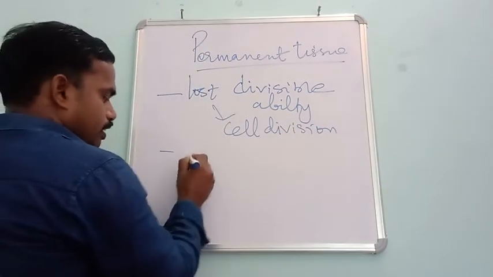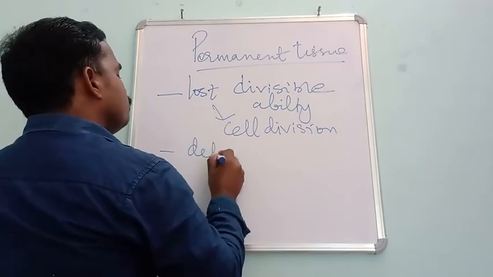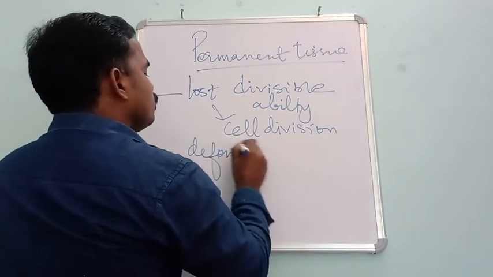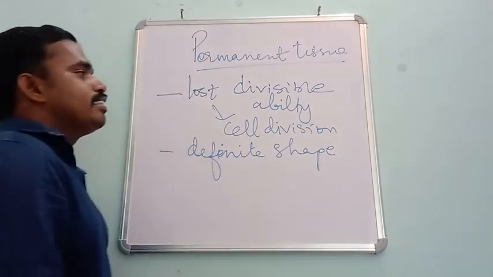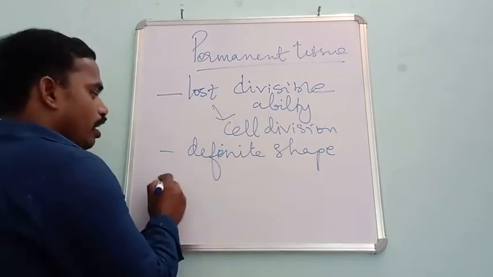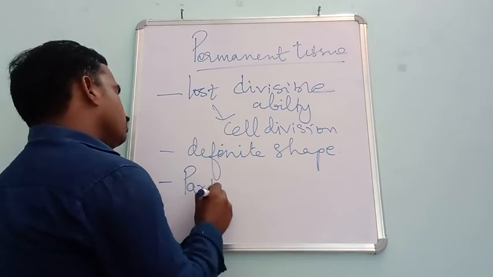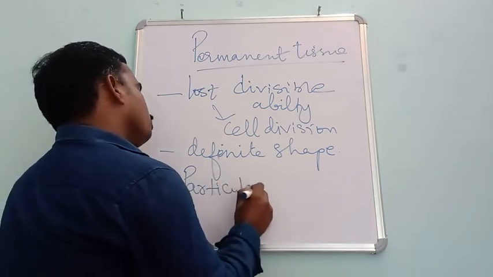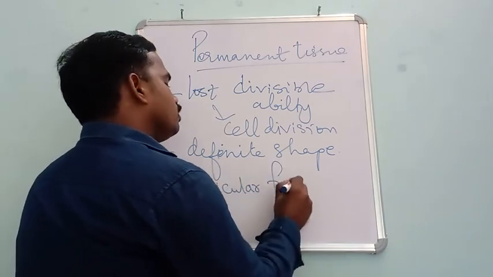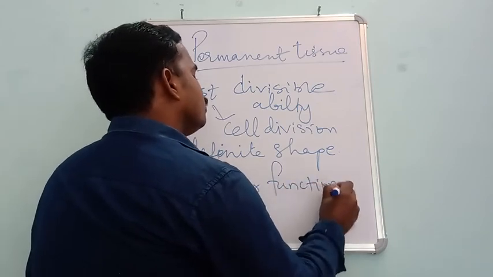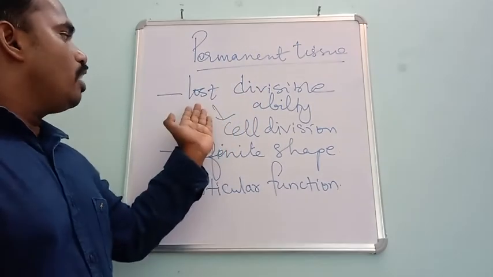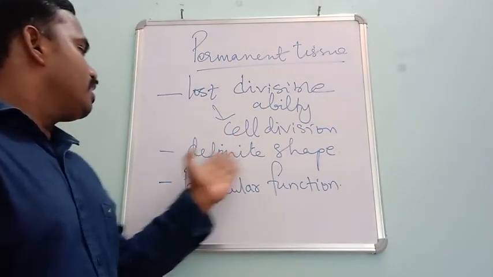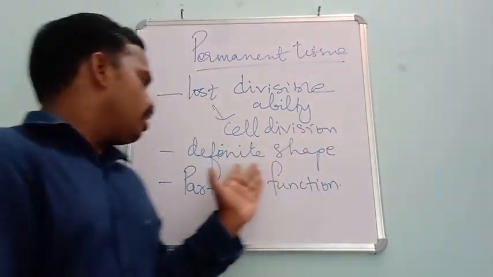So it takes a definite shape and a particular function. Got it? Clear? So permanent tissue loses cell division capacity, takes a definite shape, and does a particular function.